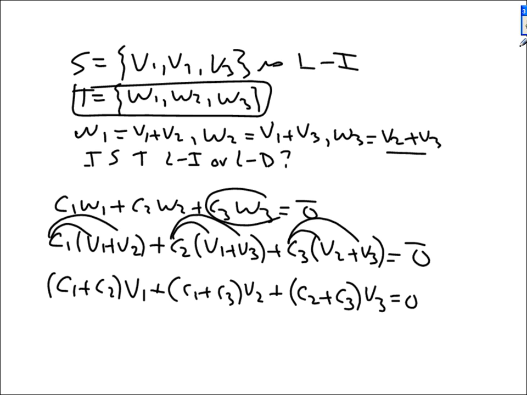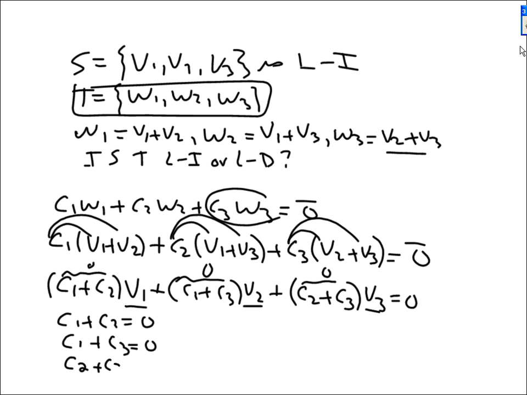Well, this last equation is a linear combination of just vectors in set S, V1, V2, V3. And set S is linearly independent. So these must be 0. C1 plus C2 must be 0. C1 plus C3 must be 0. C2 plus C3 must be 0.